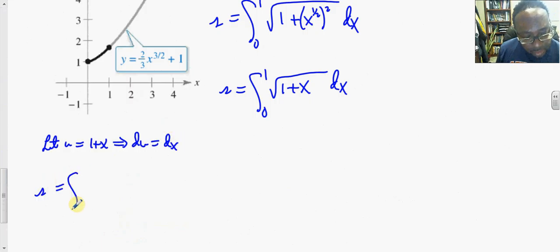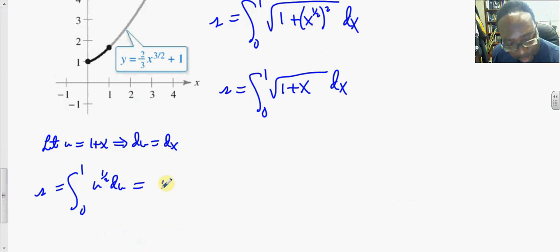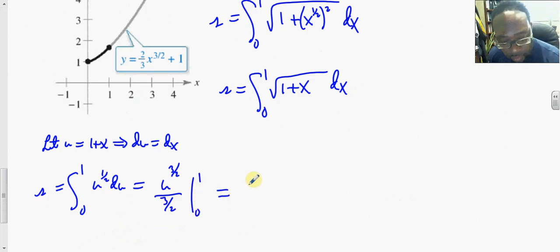So the arc length is the integral from 0 to 1 of u to the 1/2 du. So now we integrate. So this is u to the 1/2 plus 1 is 3/2, all over 3/2. And the x plus 1 is being evaluated from 0 to 1, not u. So I'll go back and correct that.